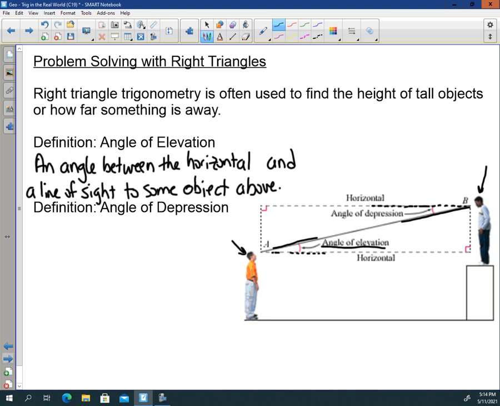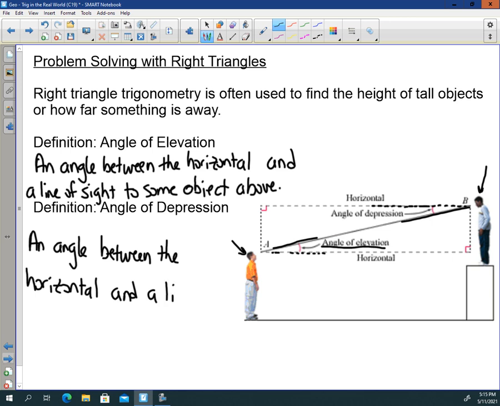What he's looking through is what's called an angle of depression, and that is an angle between the horizontal and a line of sight to some object below.